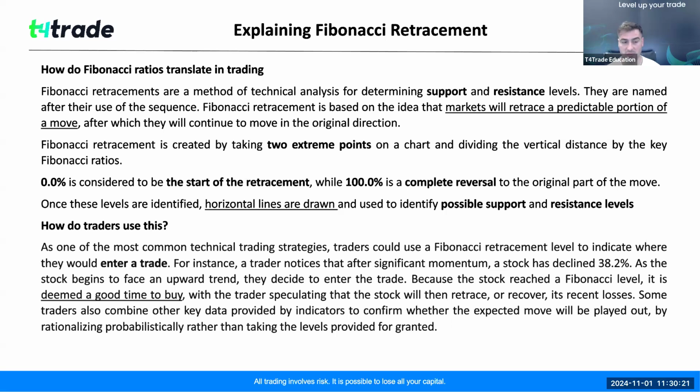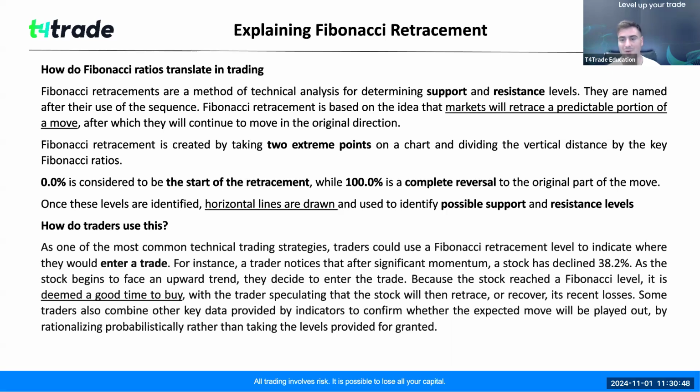Now, some traders also combine other key data provided by technical indicators to confirm whether the expected move will play out, again rationalizing probabilistically at the end of each and every decision you have as a trader, rather than taking the levels provided for granted.